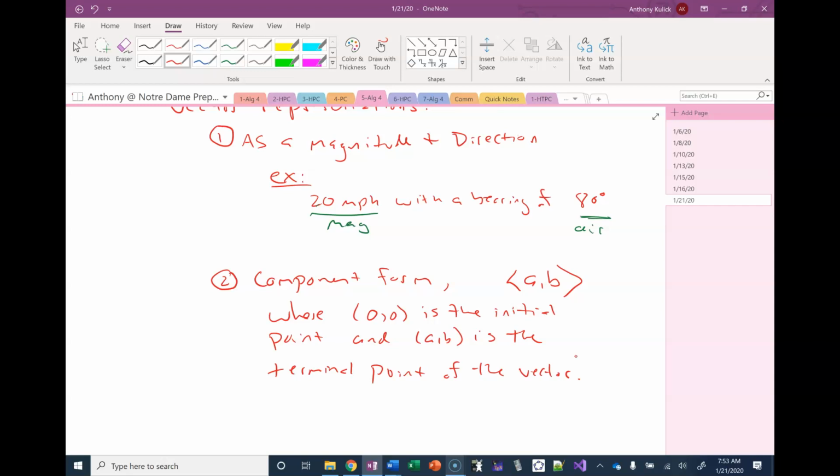There's a big difference between the parentheses AB and the wedged bracket AB. One of them is a point, the other one is a vector. So we have to make sure we're being quite careful about how we're using that notation so that we're able to keep these ideas straight.